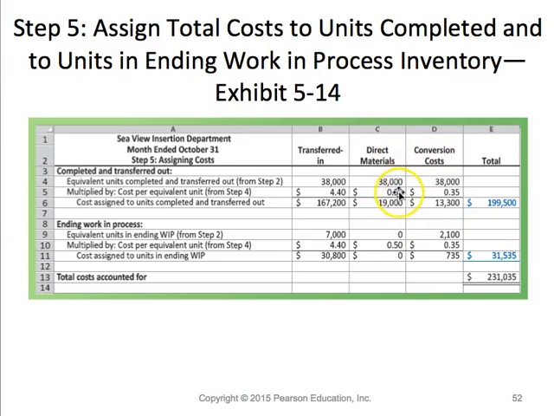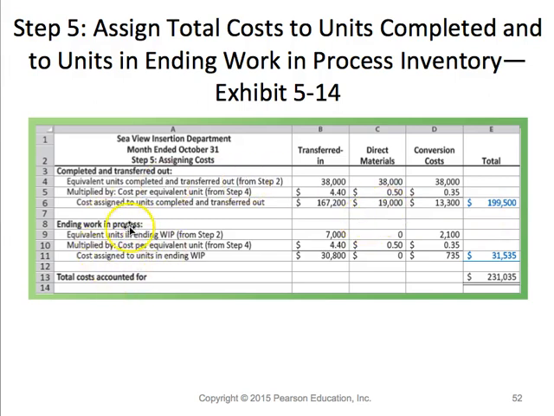This step is pretty simple, and the 4.4 is from the last step for the transfer in cost. For this particular process we have direct material and conversion cost, which are pretty cheap: 0.5 per unit and 0.35 per unit. So you get a total for the transferred in cost, the materials, and the conversion cost, and you get a total cost here for the completed units.